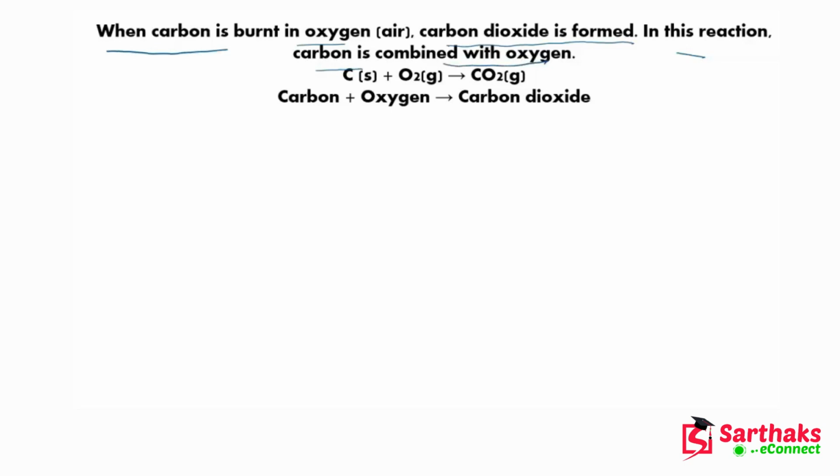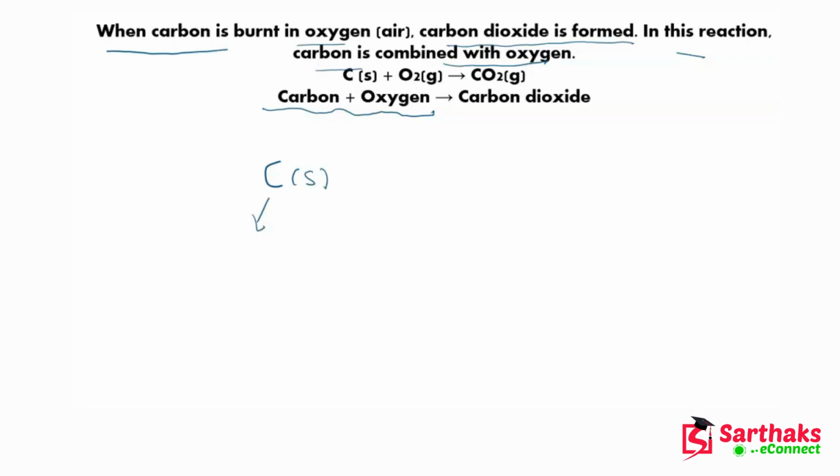So guys, what happens? I told you that whenever you burn something, it simply means that you are making that element or the compound react with the oxygen. So what we are doing here, we are making this carbon react with oxygen, and carbon here is solid.